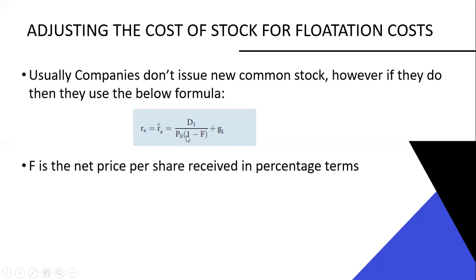This is the net price per share received in percentage terms. So we're taking out the flotation cost from the whole equation, and we're accounting for that. This F right over here is the flotation cost in percentage terms, so just something for you to remember. It's the same as rs, except we're taking the net price per share received in percentage terms and adding that over here.